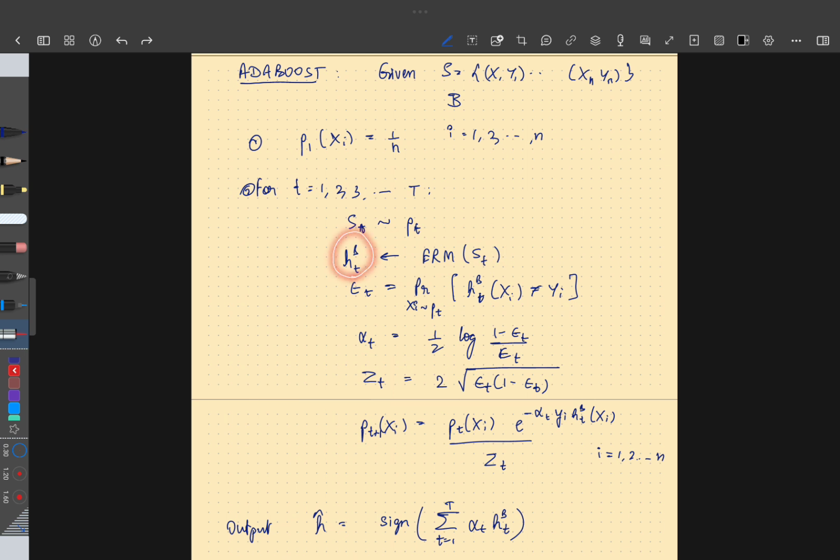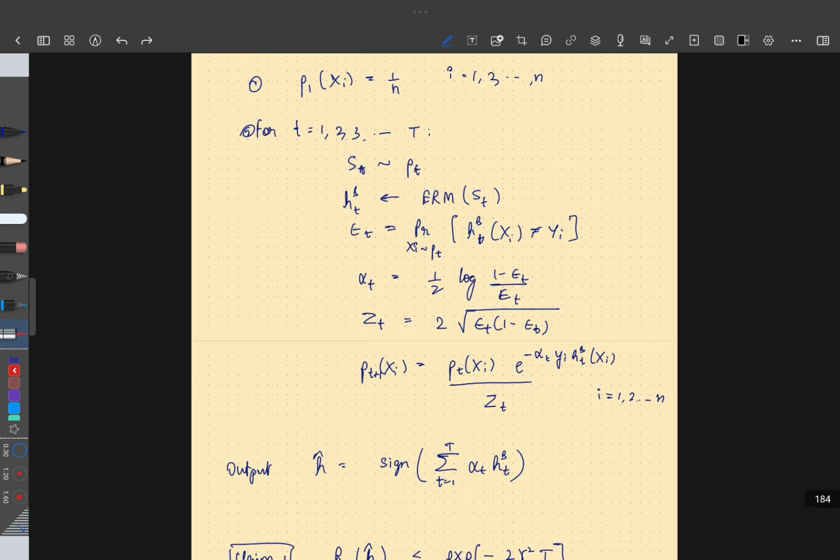That gives you an h_t, which has a probability of error that we know is going to be strictly less than a half. And based on these, you choose certain parameters and you update the distribution to get p_{t+1}.